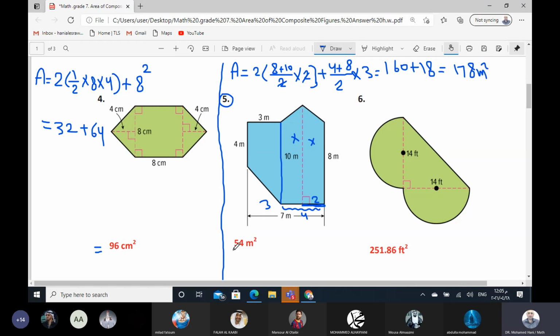But the right answer will be 54. So I have a mistake here. Who can tell me what is the mistake?